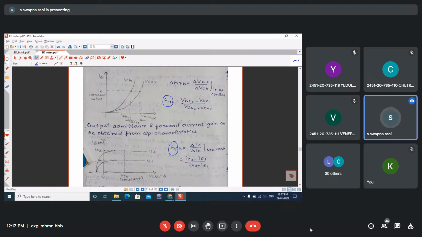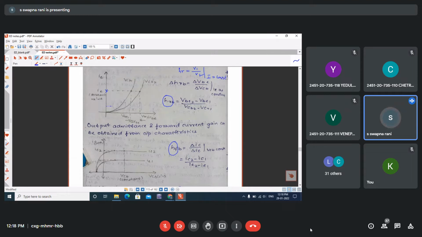If you see the definition of HR, it is V1 by V2 with I1 constant. So take two input characteristic curves with a fixed current. You can select any current value which should lie above the knee portion of the characteristic curve.